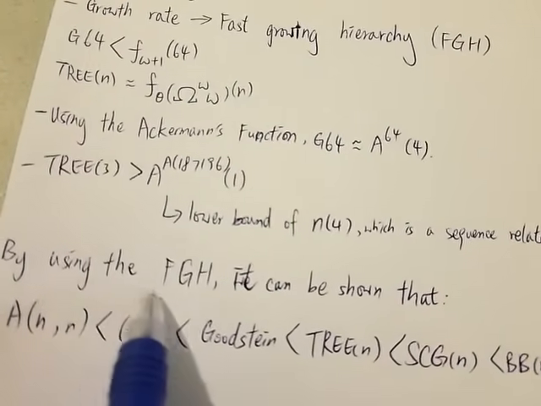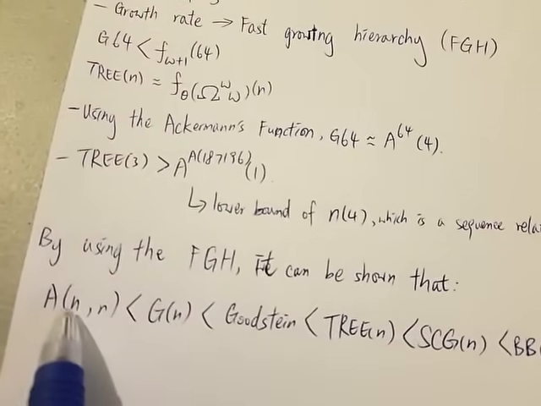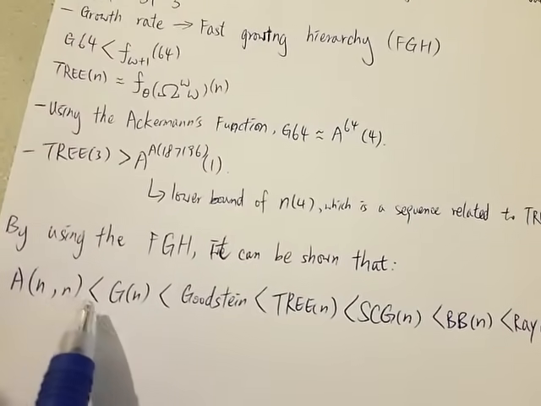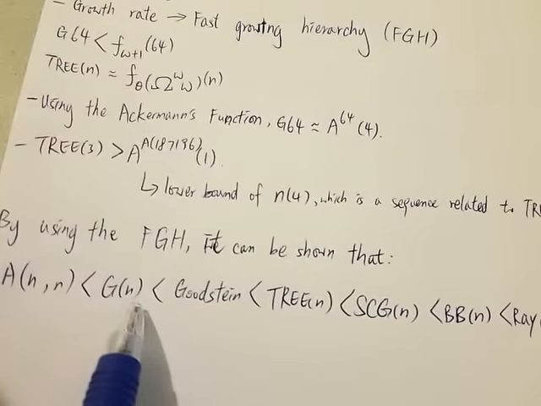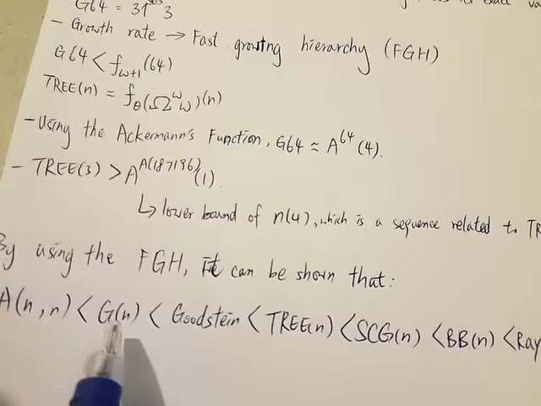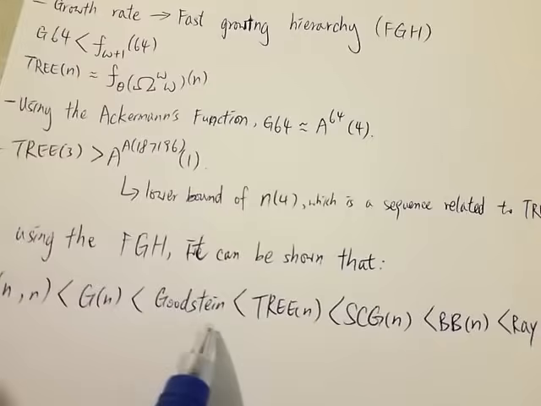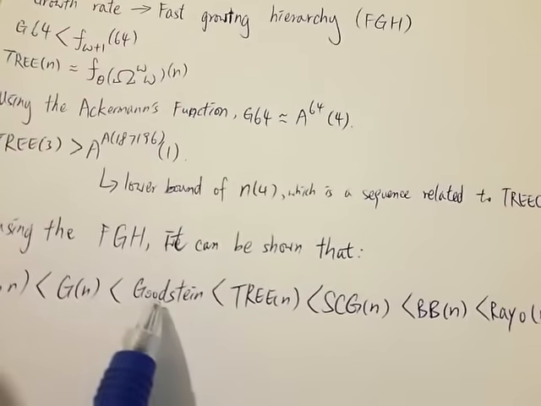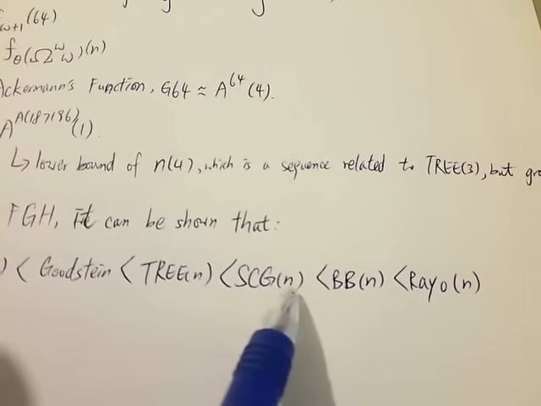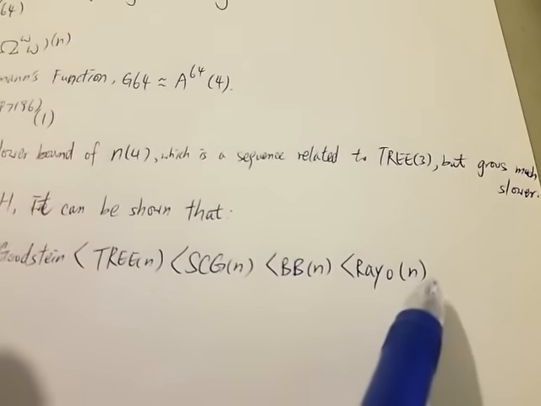And by using the fast-growing hierarchy, we can actually see the hierarchy of functions. The Ackermann function grows slower than Graham's function, Gn, such as G1, G2, G3, G64, and in turn, Graham's function grows slower than the Goodstein sequence, and this grows slower than the TREE function, which is slower than the SCG function, which is slower than the Busy Beaver function, which is slower than Rayo's function.